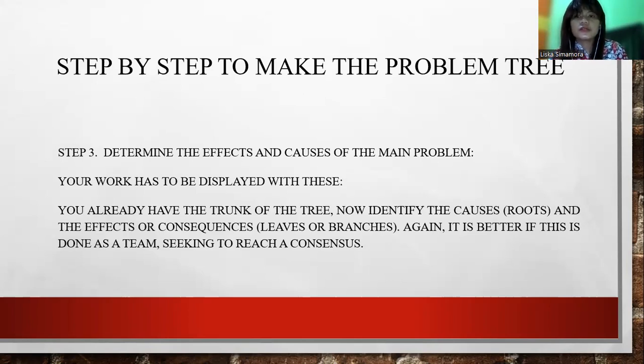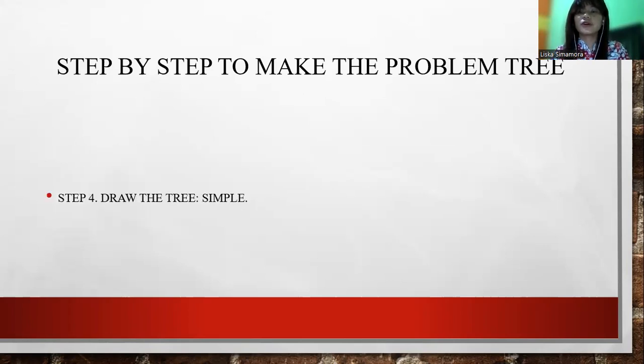When we display our problem in the problem tree approach, the picture should have the root, the trunk, and also the branches or the leaves, as a normal tree. And then the fourth step is about drawing the tree, which can present the problem.